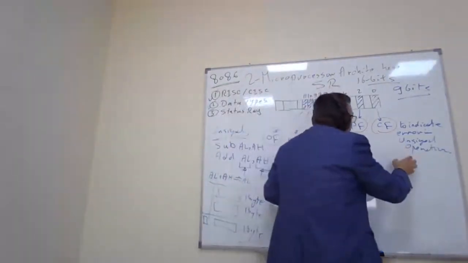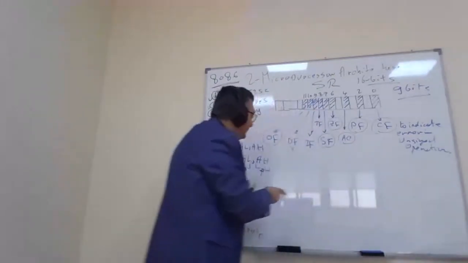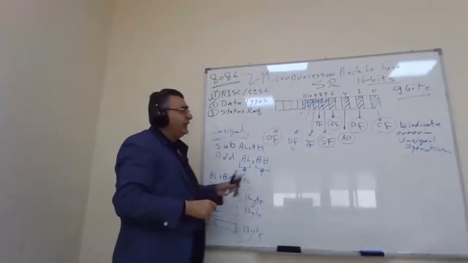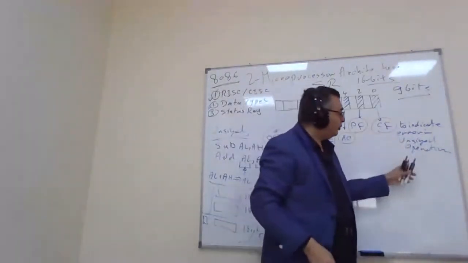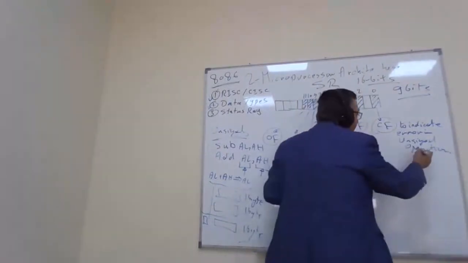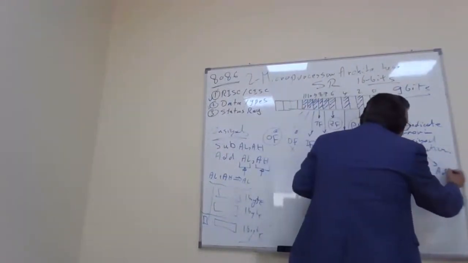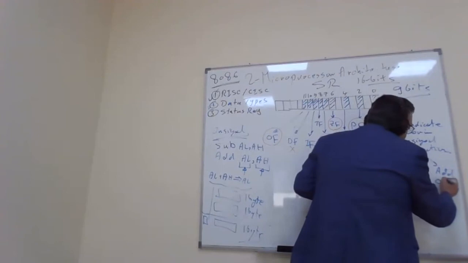So the carry flag will also be 1 if the result is negative. The carry flag is to indicate error in unsigned operation. If I'm doing add, it will indicate overflow.